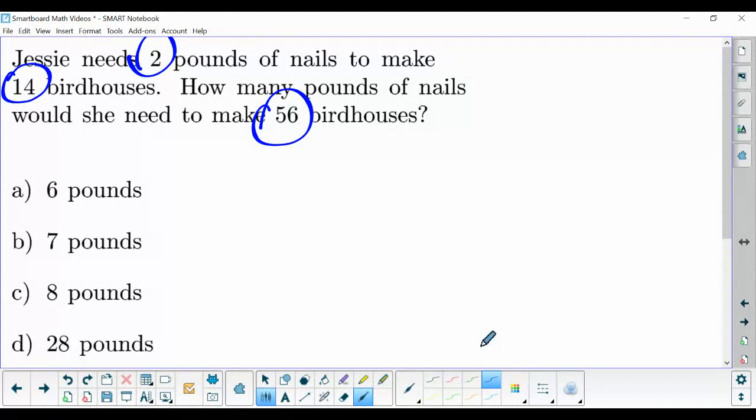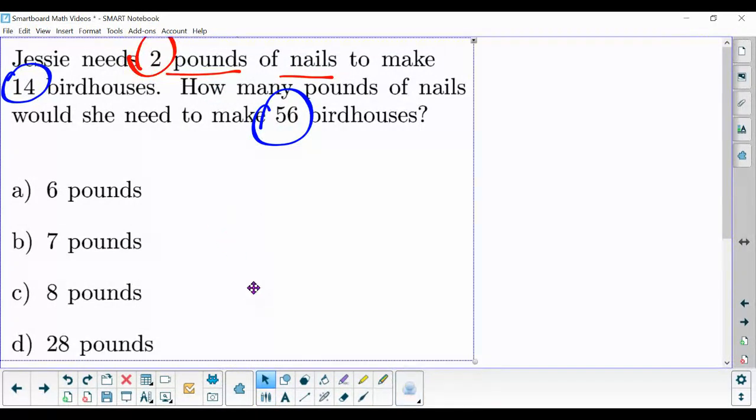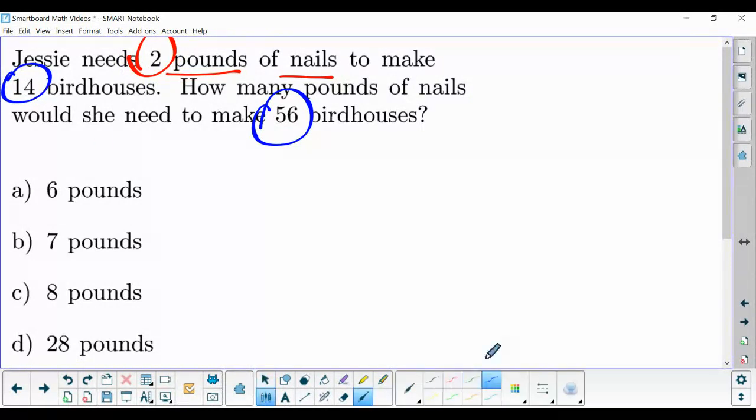For example, the 2, that's going to stand for pounds of nails. So that's what this one stands for, pounds of nails. Let's color code that so that way we won't have any confusion. And over here, 14, of course, is talking about birdhouses. Same thing with 56, birdhouses.